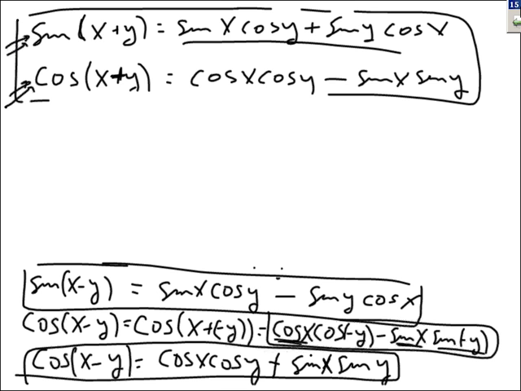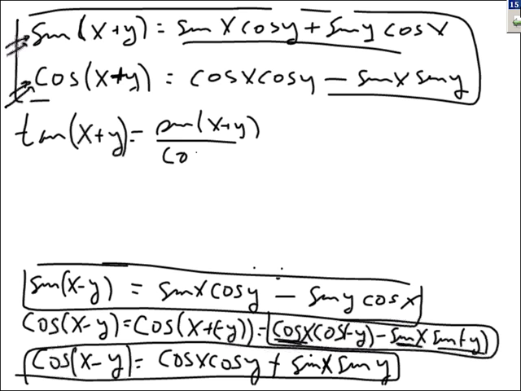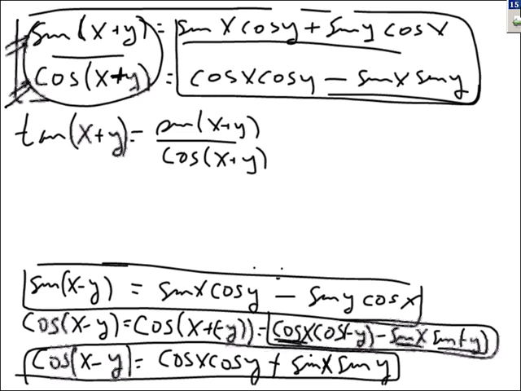So, for example, if somebody asked me what the tangent of x plus y was, I would think the sine of x plus y divided by the cosine of x plus y. And then, well, the answer is right on top. I would divide those two.